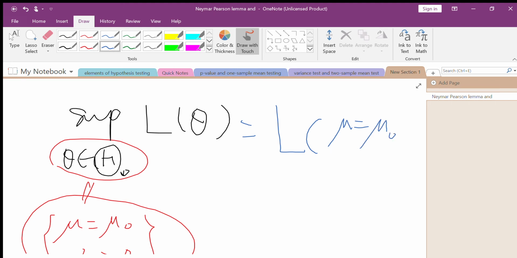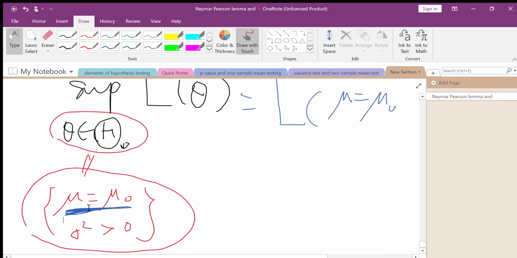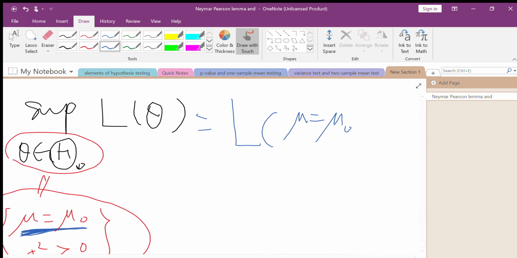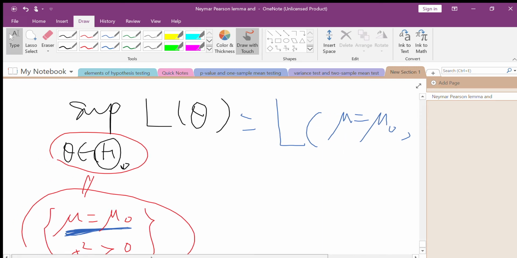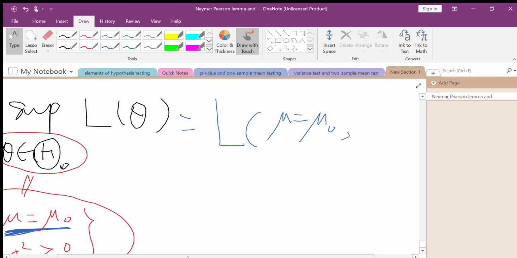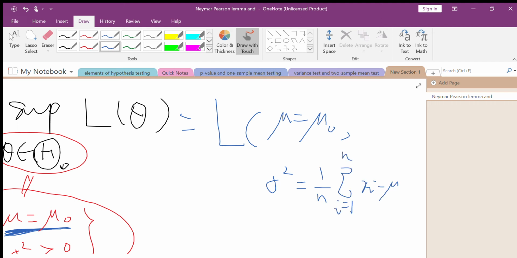There's no room for us to make it bigger because mu is considered a fixed value. And for sigma squared, it should be equal to 1 over n times the sum from i equals 1 to n of (xi minus mu 0) squared.